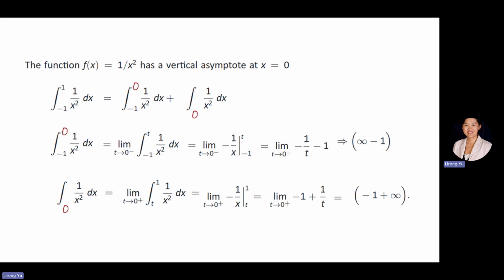The total area from 1 to infinity is what we calculated before. It was 1. This area equals 1. The total area from this part was actually infinity according to our calculation. Other than that, this is -1. This is also infinity, and this is also.